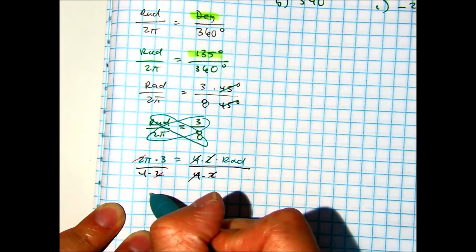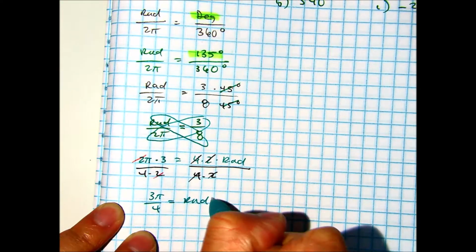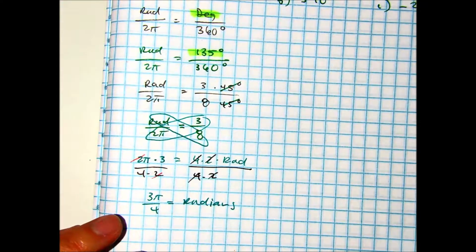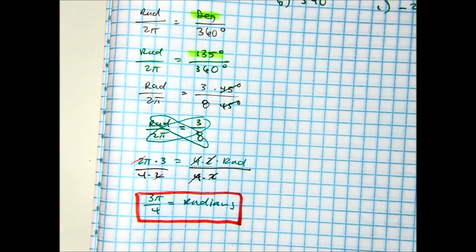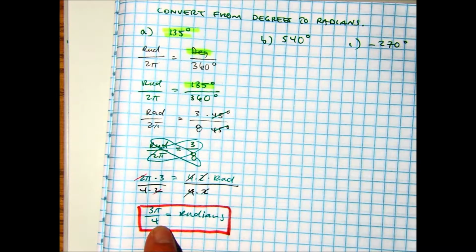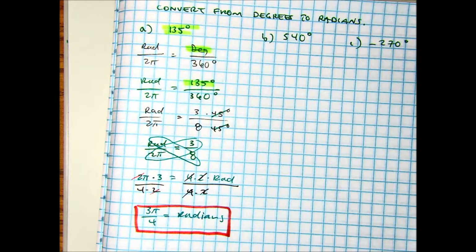But recognize that becomes 3 pi over 4 as our radians. So my answer to this problem is 3 pi over 4. What does that mean? 135 degrees is equal to 3 pi over 4.